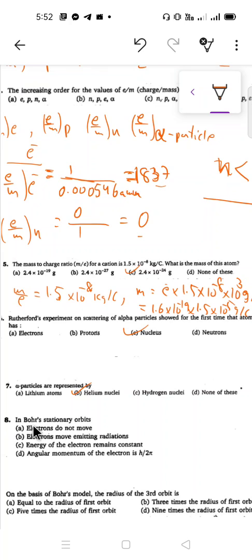Eighth question, the Bohr stationary orbits electrons. Option A, electrons do not move, is not correct. Electrons move emitting radiation is also not correct.